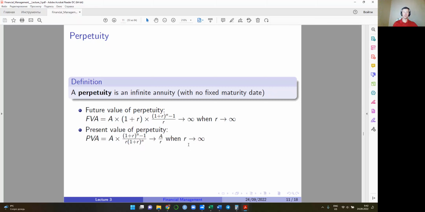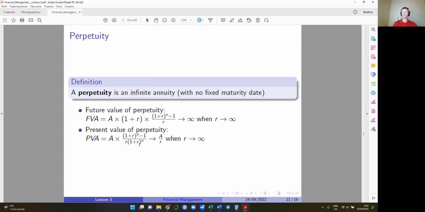But the present value of an annuity exists. So let's forget about this 1 plus r for a moment. Once we apply the ordinary or deferred annuity formula here, when r goes to infinity, the whole expression goes to A over r.